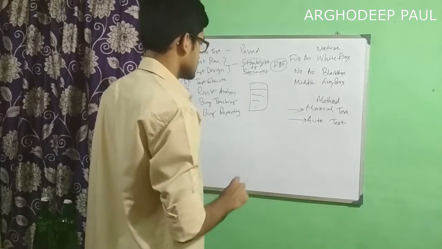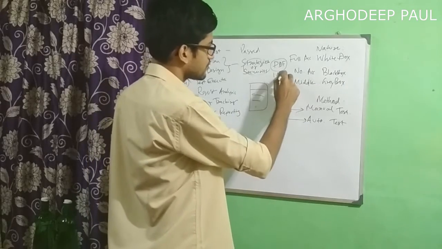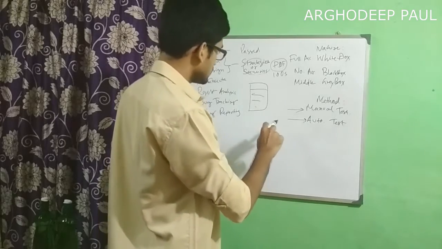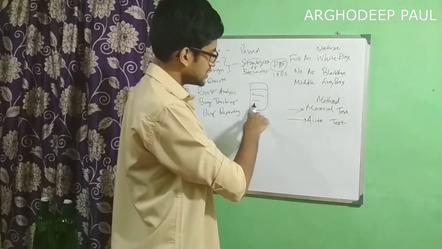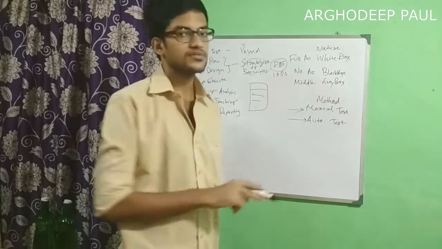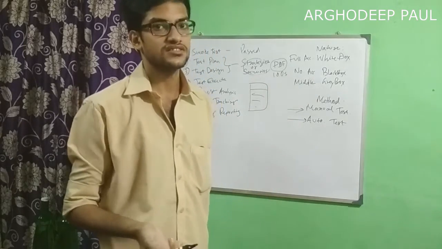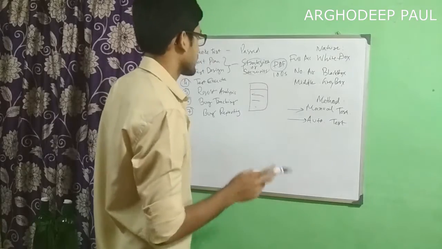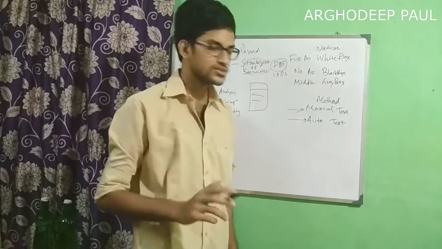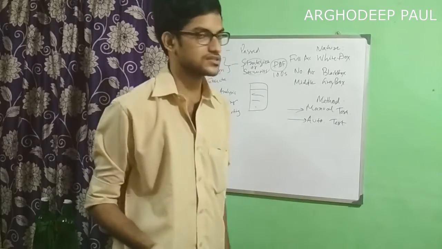If there are hundreds of strategies out there, then he will test this application against all those hundreds of scenarios or strategies. Now the question is how the automatic test occurs.